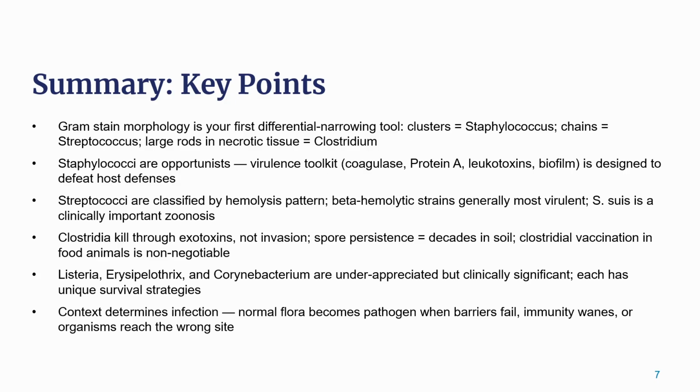Staphylococci almost always require a host defense breach. Streptococci can be both commensal and primary pathogen. Clostridia are environmental and toxin driven. Each group has a logic to it. Learn the logic and you'll know where to look and what to expect without needing a memorized list.